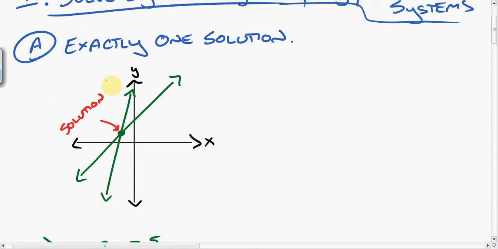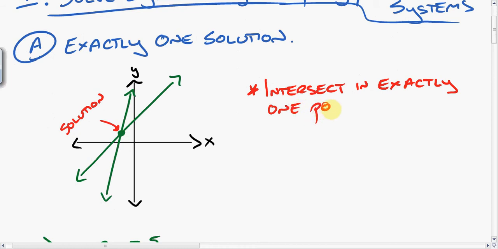So, we know in this case that we're always going to intersect in exactly one point. That will give us one solution. And our classification of this system is going to be consistent and independent.